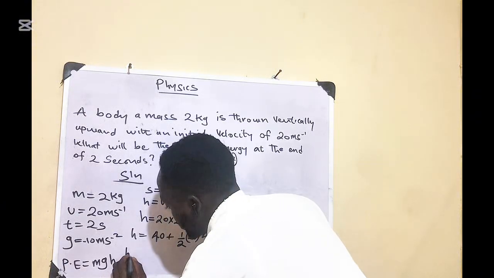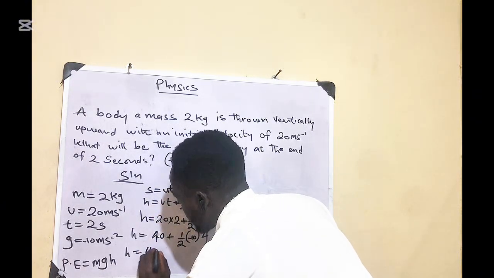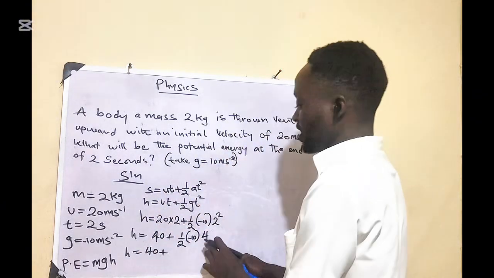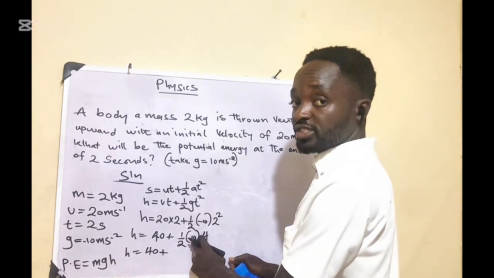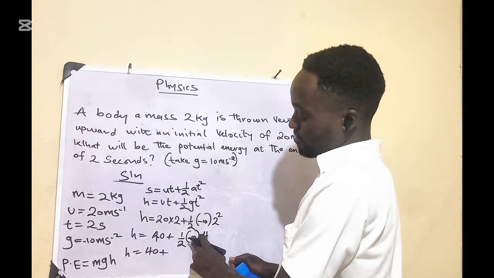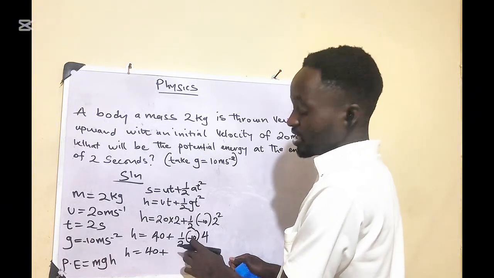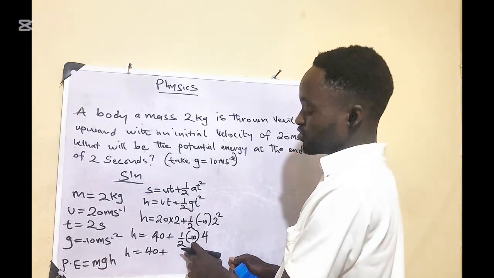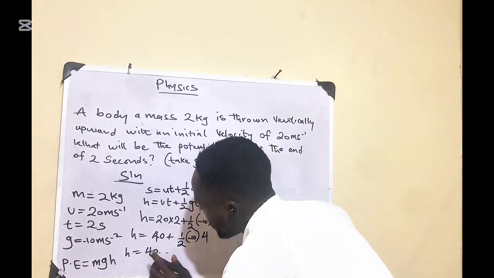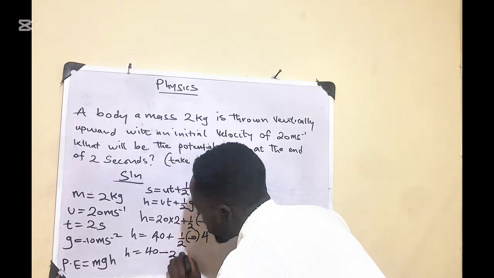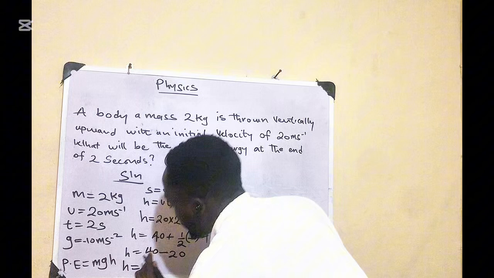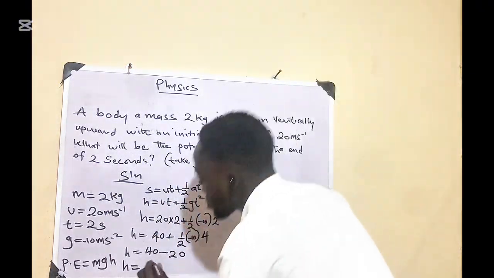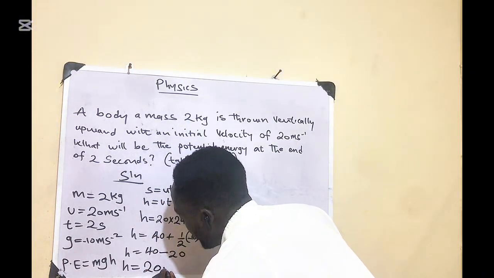So we have h is equal to 40 plus, now we have 4 times minus 10 is going to give us minus 40. So minus 40 divided by 2 is going to give us minus 20. So h will now be 40 minus 20, which is going to give us 20 meters.